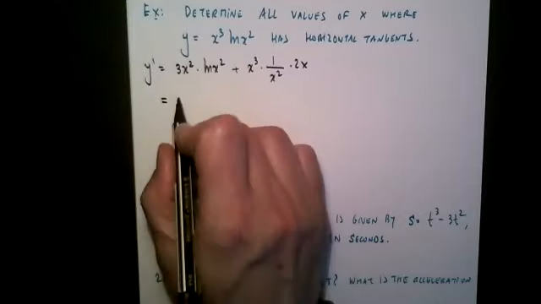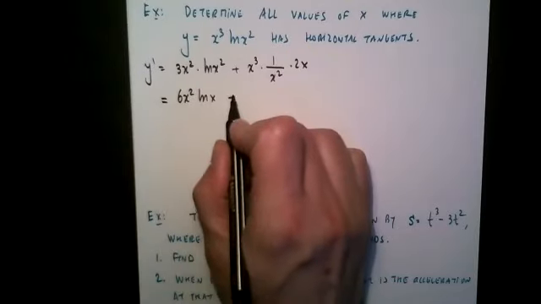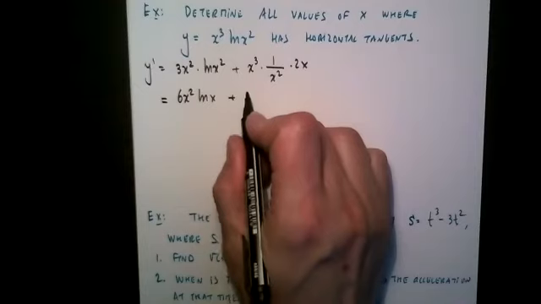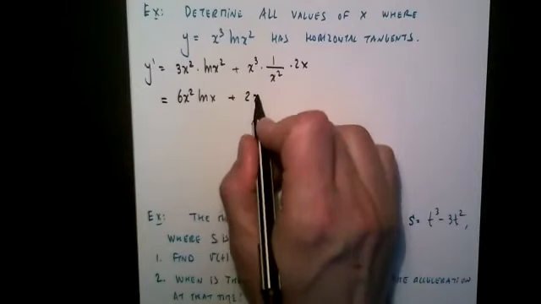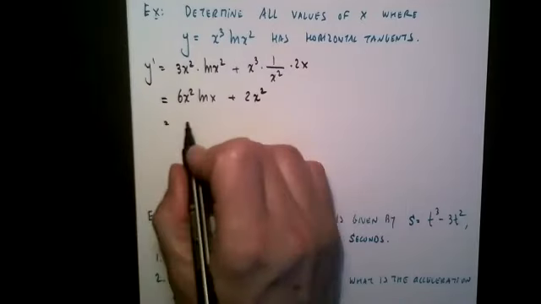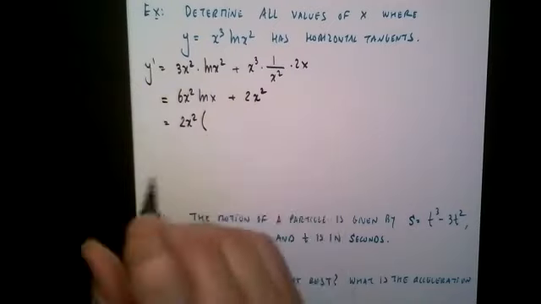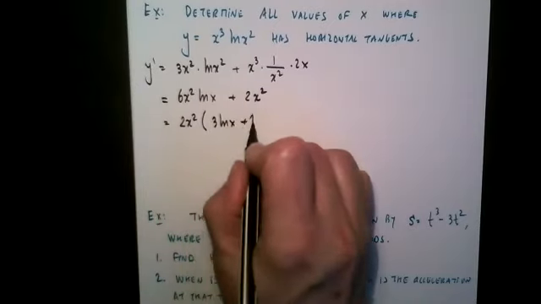If I put the 2 in front, I get 6x^2 ln x plus 2x^2, and that is equal to 2x^2 times (3 ln x plus 1).